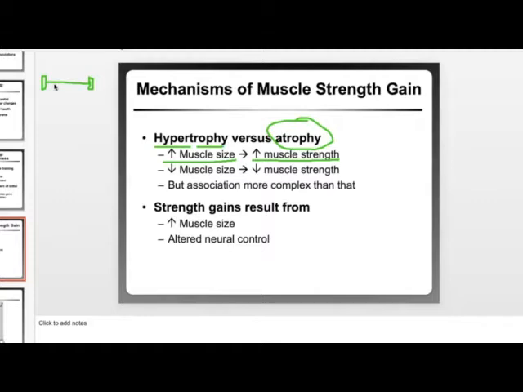If she's lifting this weight and I say, come on, Cassie, you can do it, and I give her this motivation, well, I can increase my strength gains there, but I haven't really manipulated her muscle size. I'm just sitting here motivating her.